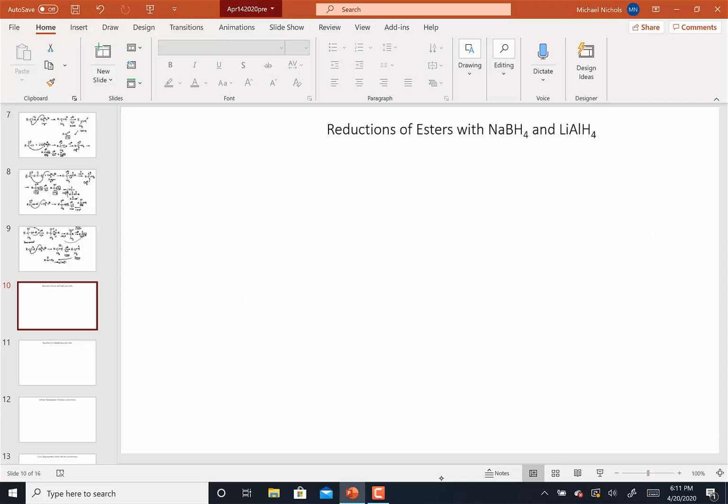Okay, reductions of esters with sodium borohydride or lithium aluminum hydride. If you have an ester and you react it with either sodium borohydride or lithium aluminum hydride, both of those are strong enough to reduce an ester.